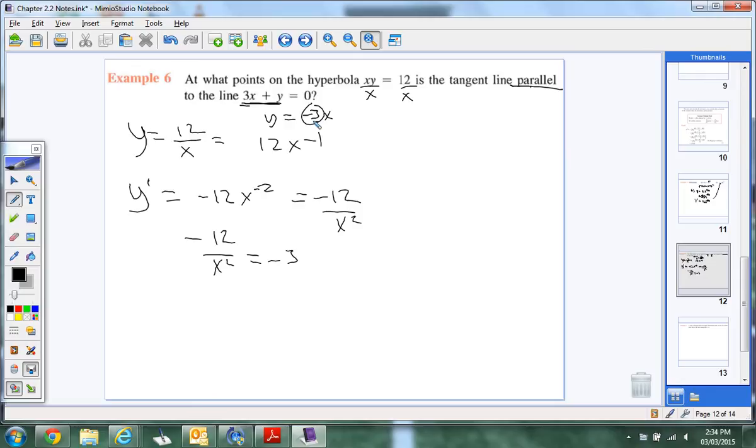Okay, so put x squared over here. So negative 12, I threw the x squared over here by multiplying, so I don't have to have this fraction stuff anymore. And then I divide by negative 3. I get 4 equals x squared. So then what do we get? What's that? 2 or?